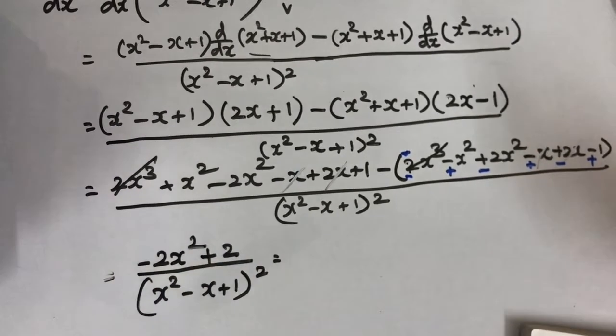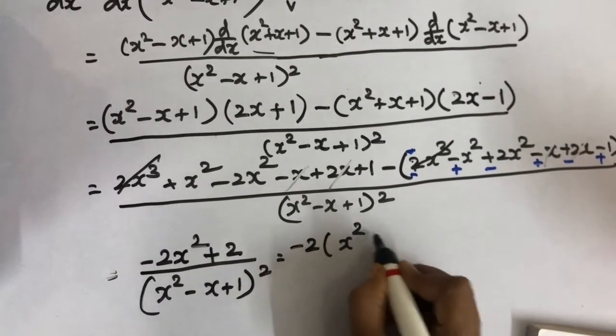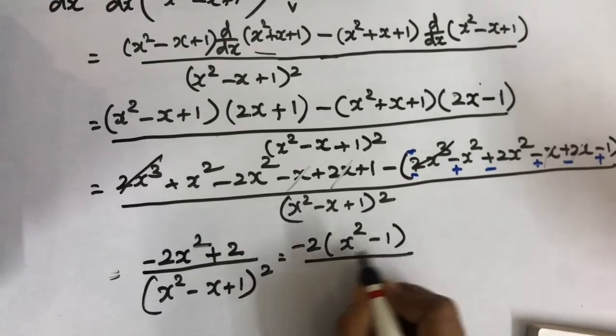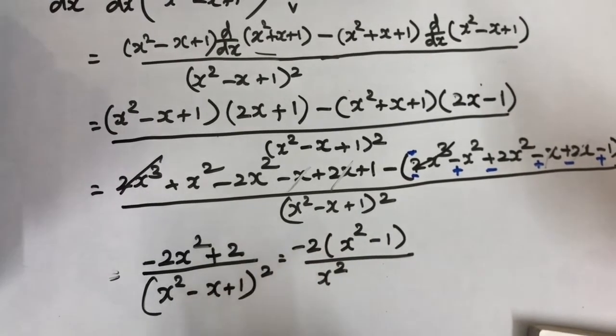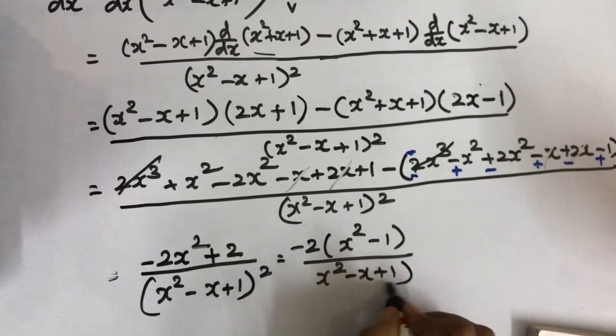If I take minus 2 outside, I have x square minus 1 divided by x square minus x plus 1 the whole square.